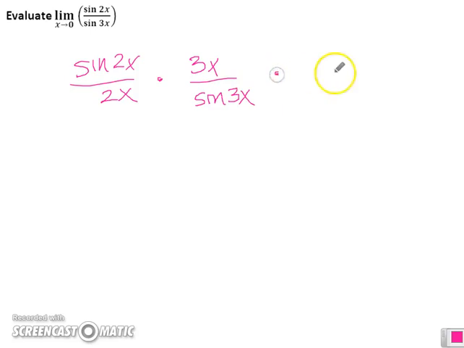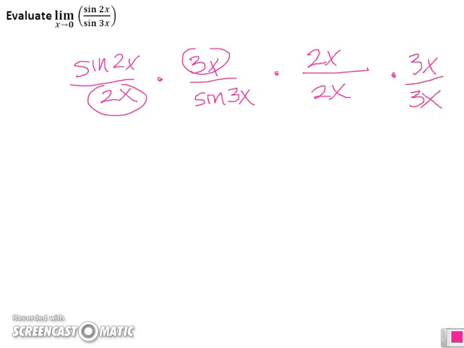And then I'll have other stuff because I'm going to need to multiply by ones. Notice I have a sine of 2x, but I don't have a 2x. So I'm going to need to do this to get that 2x on the bottom that I want. And then I have a sine of 3x, but I don't have that, so I'm also going to need to do this.